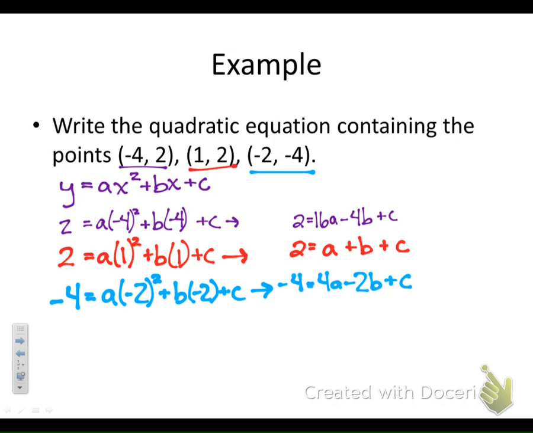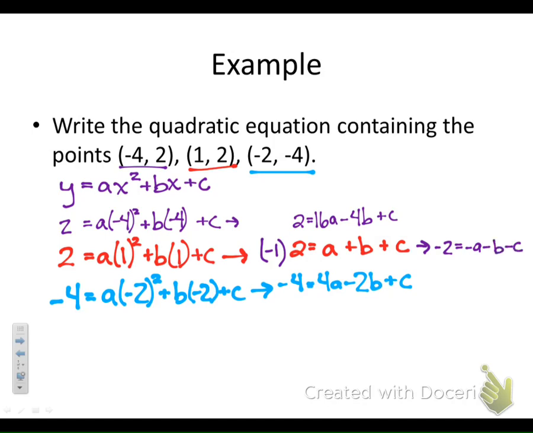Using the first 2 equations, but before I do that, let's multiply the second equation by -1, giving us -2 equals -a minus b minus c.